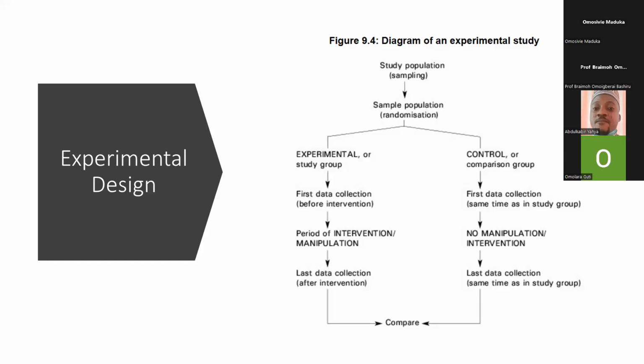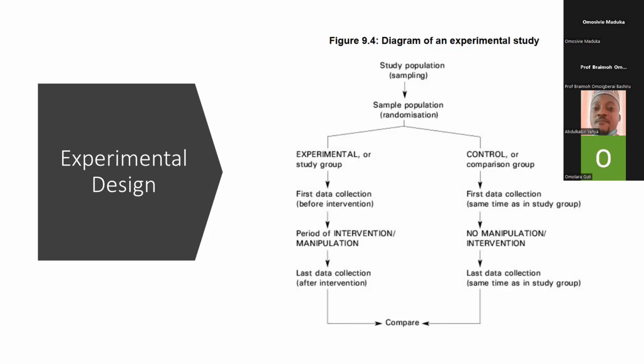Remember, before you do that sampling, you would have identified those who are eligible using your inclusion and exclusion criteria. So study population, eligibility criteria would have been applied, and then you now do your sampling. Hopefully you would use a probability sampling method to bring people into that study.